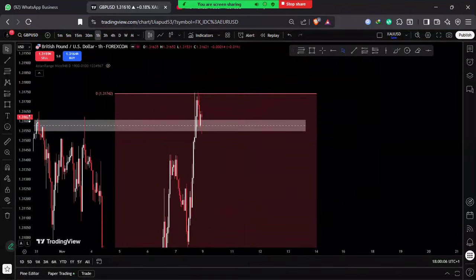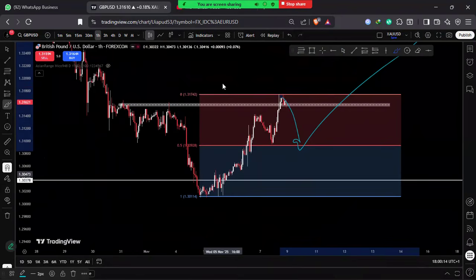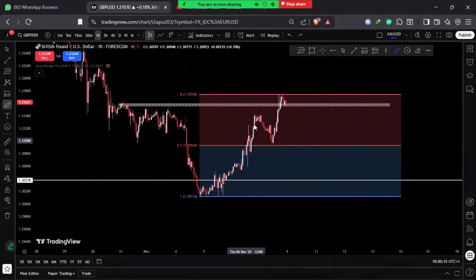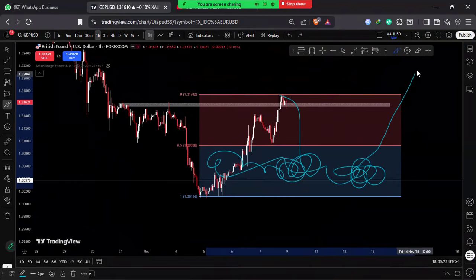Then I would want it to retrace deep down into at least 50%. Sometimes gold might react from 50% and jump up, but some asset pairs might give you the privilege of going down a bit into this discount area, for a cheaper price for you to buy at.